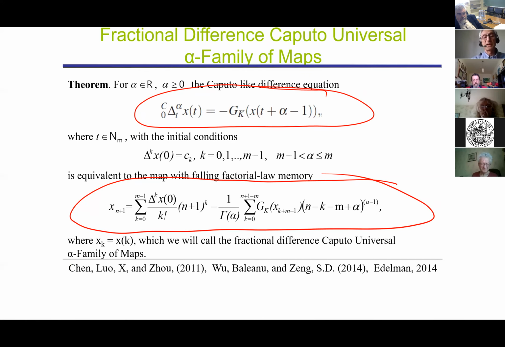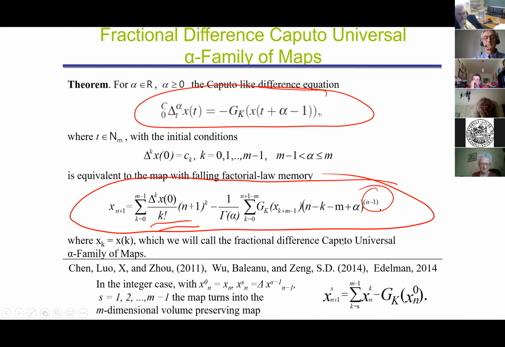This is a Caputo map. Those are initial conditions. And again, the difference between previous and this case, fractional and fractional difference, is the falling factorial. Okay. And again, we can consider this map for integer values of alpha, and as in fractional case, they give volume preserving maps for all cases except alpha equals to 1.